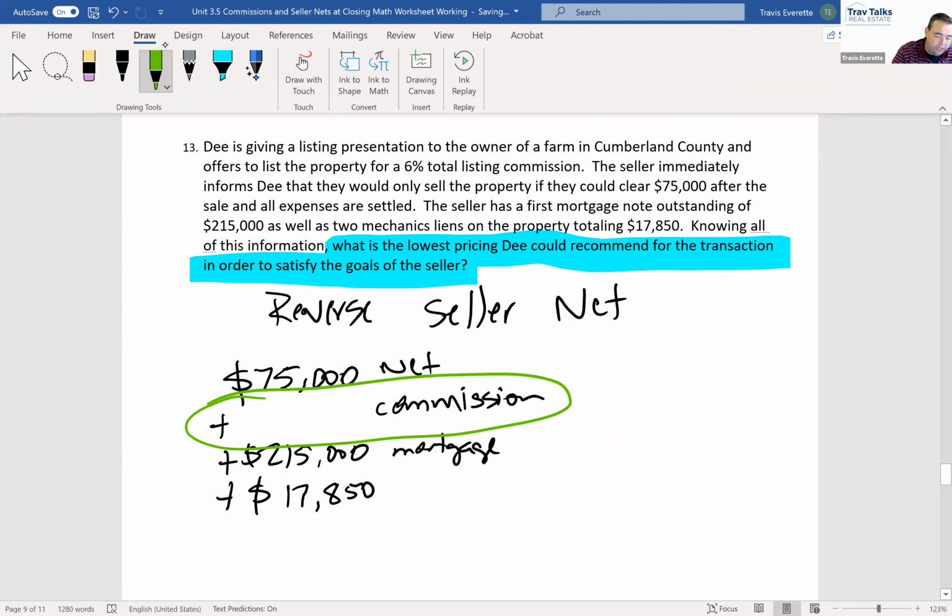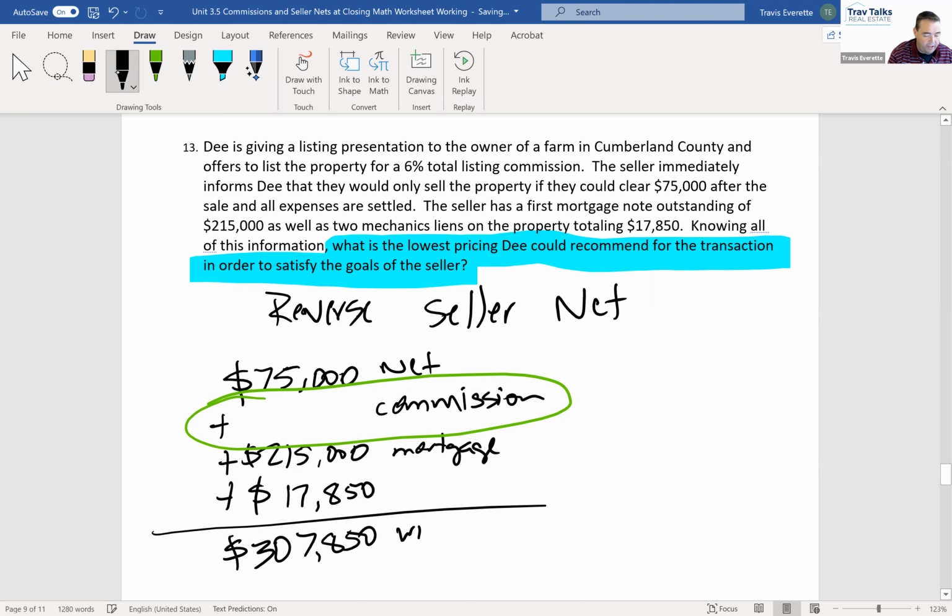I can't do anything about that commission, but I can total up the other ones. So if I add the other ones together, 75,000 plus 215,000 plus 17,850, I come up with needs of 307,850 without commission.